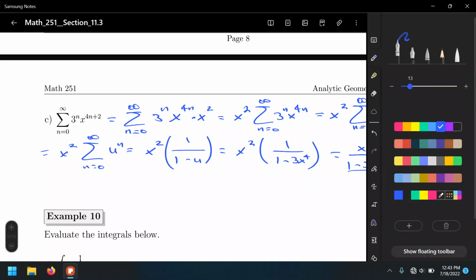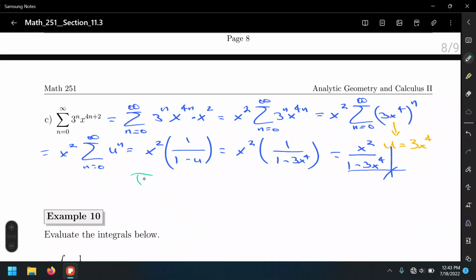Now let's talk about the IOC, that is the interval of convergence. So again, for the geometric form, we need the absolute value of u less than 1, which in this case is the absolute value of 3x to the 4th power less than 1. Checking the absolute value of that quantity, we really don't need it.